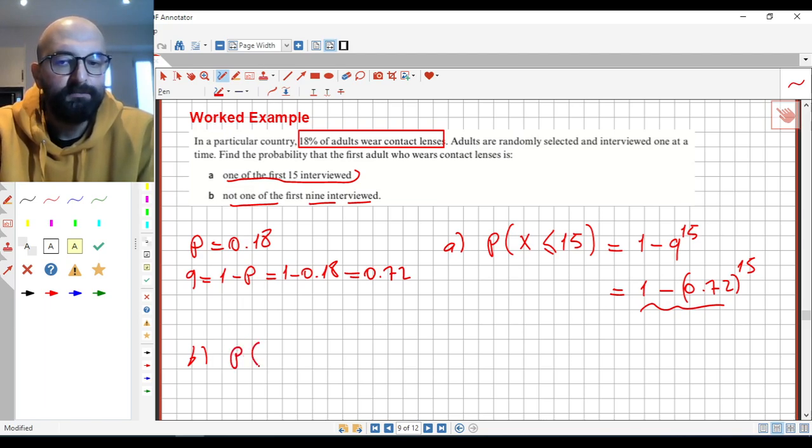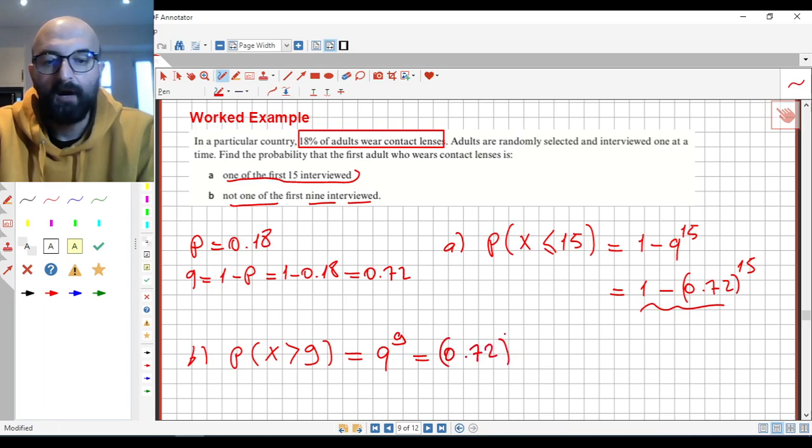So it is the probability of X greater than 9, which means every one of the 9 trials is a failure. So it is q to the power of 9, which is 0.72 to the power of 9.